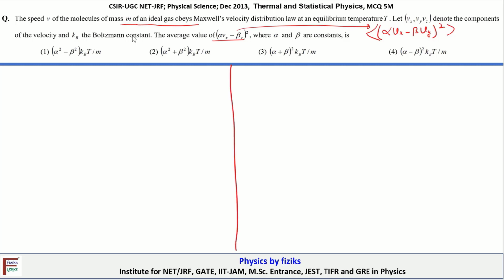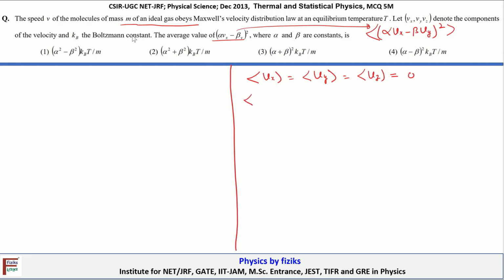So let me first share some of the standard results that we learned when we did the theory. Average of Vx is equal to average of Vy, the velocity along the y direction, and that is equal to average of Vz, the velocity along the z direction, and that is equal to 0.